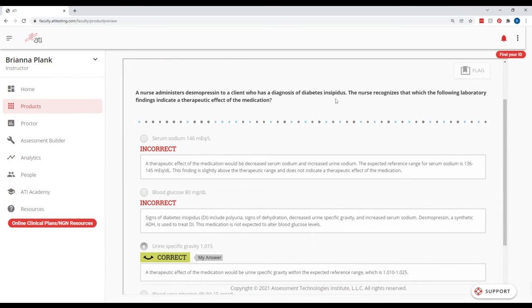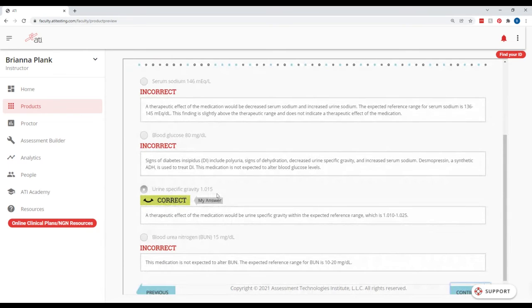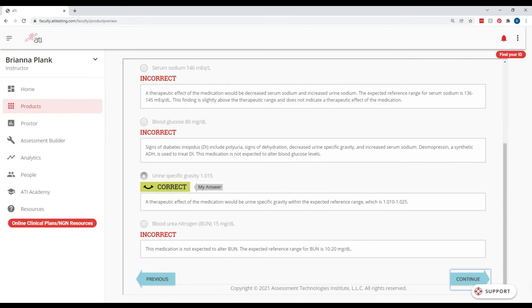We're more concerned about our fluid balance. So with diabetes insipidus, we are looking for the urine-specific gravity to be within the expected range. So we want to see decreased serum sodium, increased urine sodium. We're really, again, looking at our urine-specific gravity, and it shouldn't alter our blood glucose. And then our BUN would be normal, but it's not really going to affect the BUN.